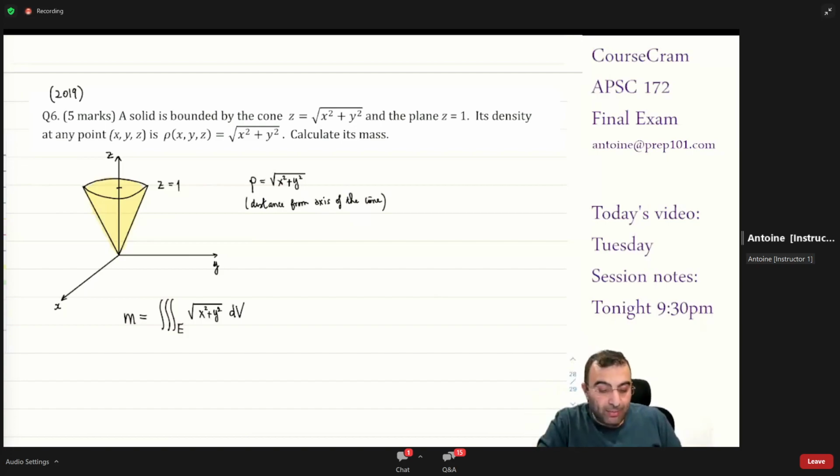Z goes from this to this, anywhere in the region. So z seems to be going from the cone, from the square root of x squared plus y squared, to z is equal to 1.